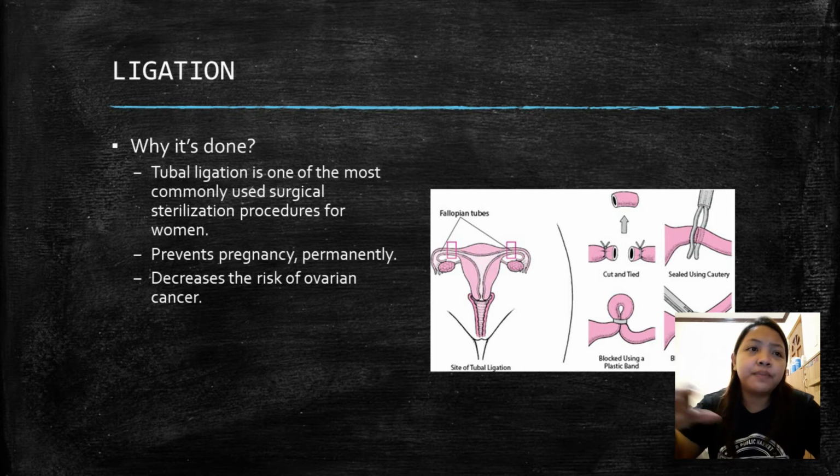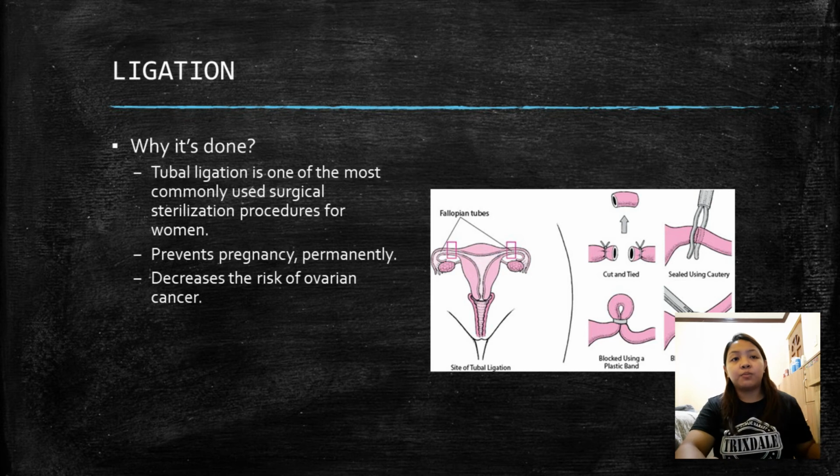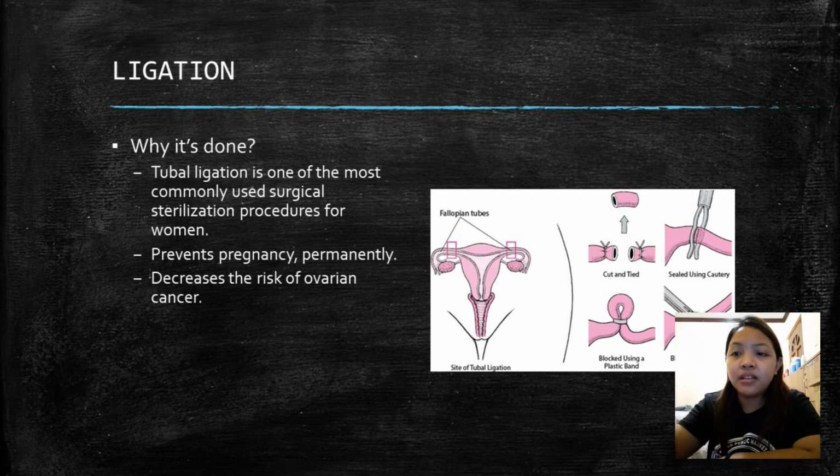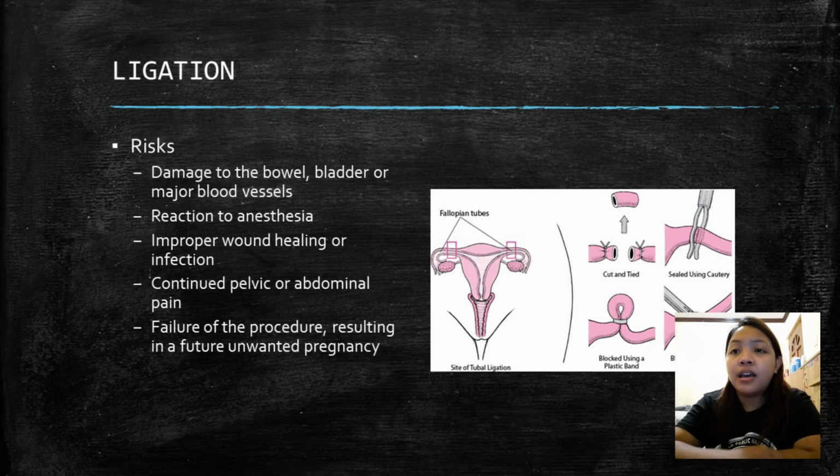Why is it done? Tubal ligation is one of the most commonly used surgical sterilization procedures for women. It prevents pregnancy permanently, and decreases the risk of ovarian cancer. The risks. Tubal ligation is an operation that involves making incisions in your abdomen.